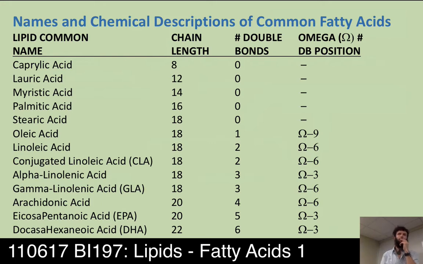Yeah. So as you increase the molecular weight or the chain length of an acid, you are increasing the melting point. And as you increase the saturation, you are decreasing the melting point.